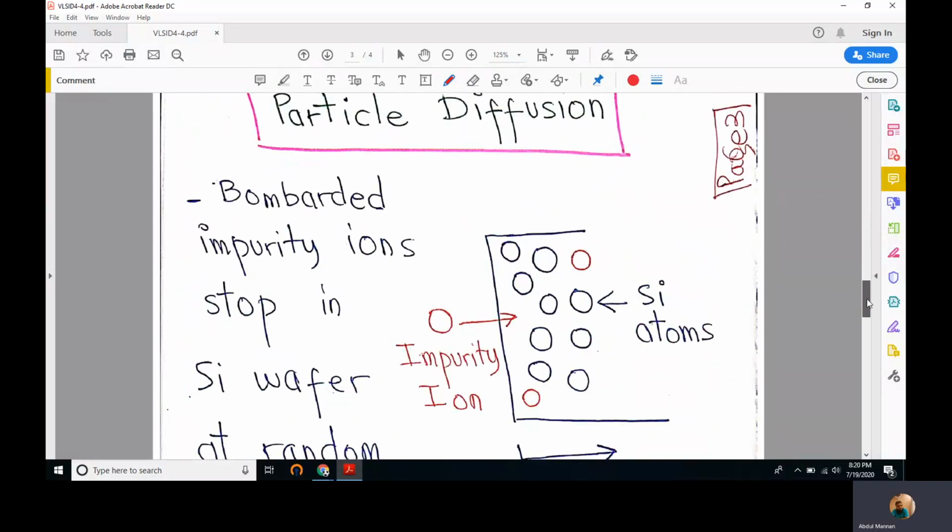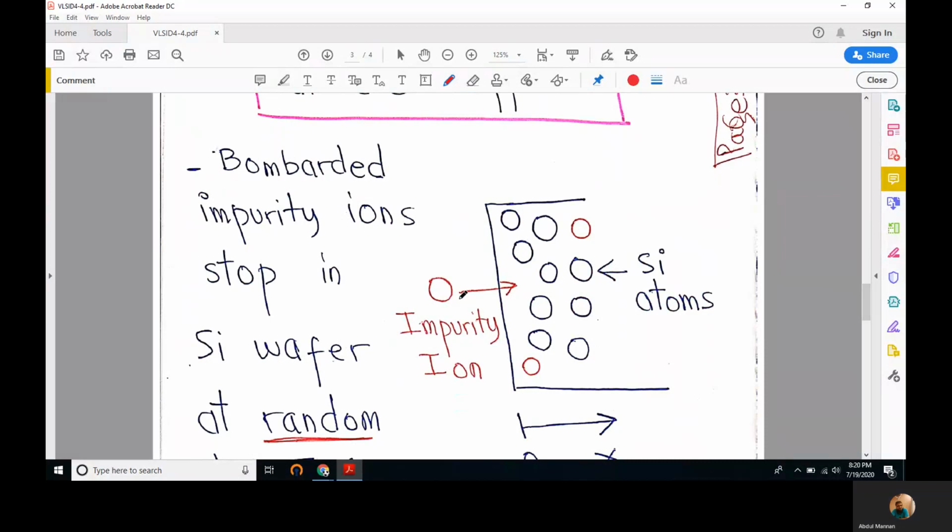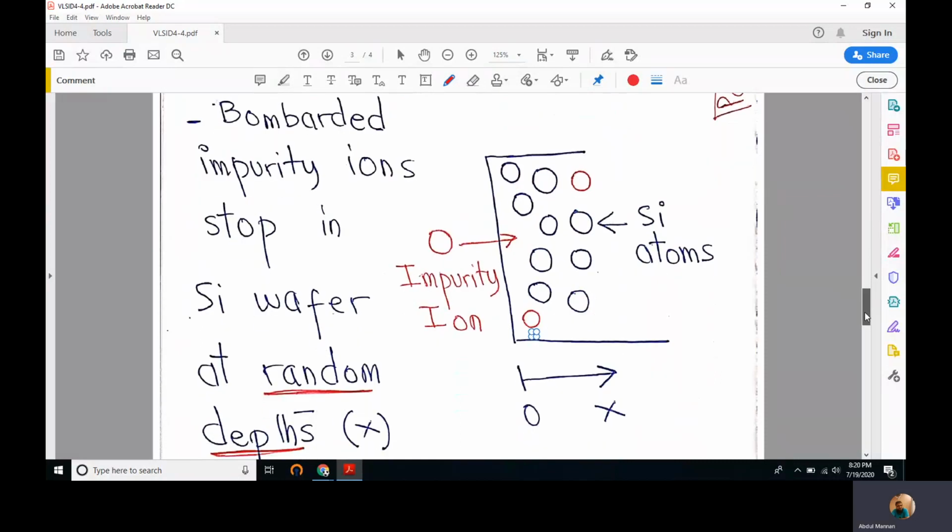We cut it with a knife and we see that some impurity ions land here just in the beginning. Some penetrate deep into the silicon wafer, some stay in the middle. It depends, because not all impurity ions have the same energy.